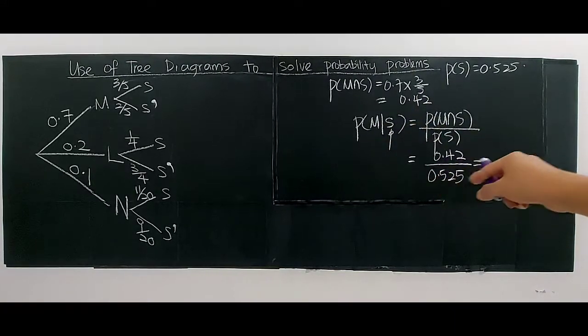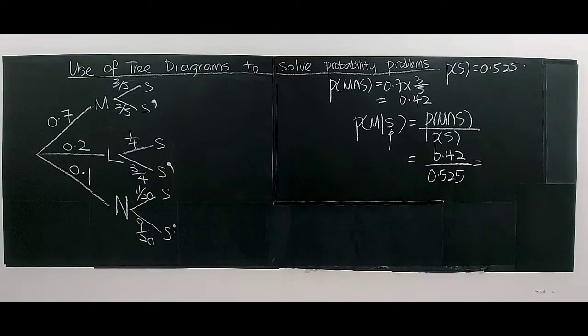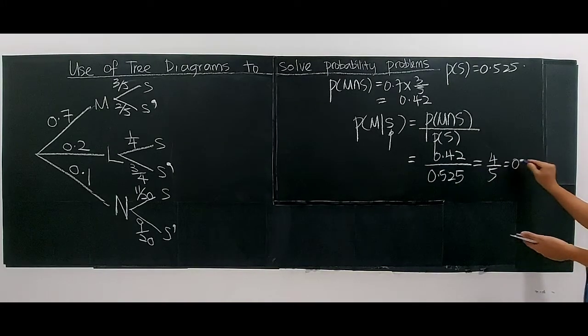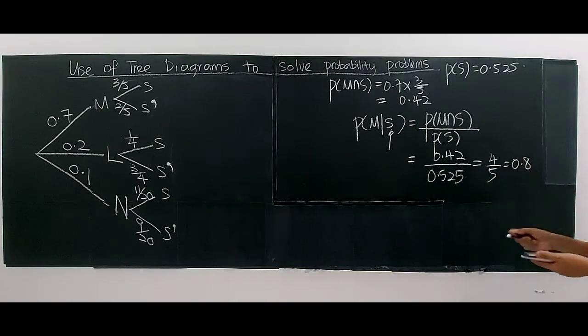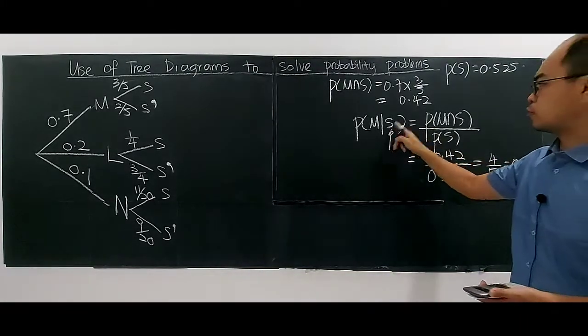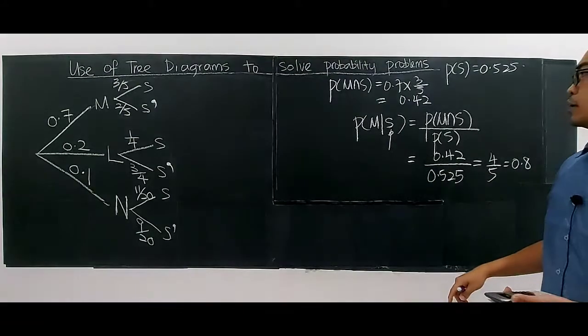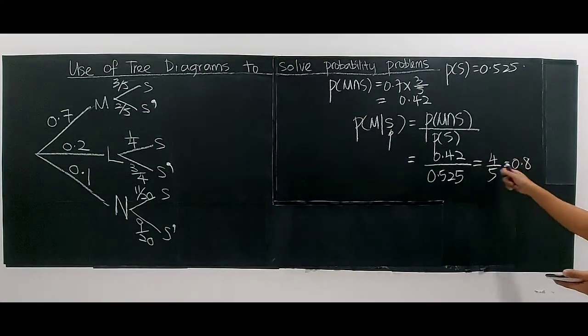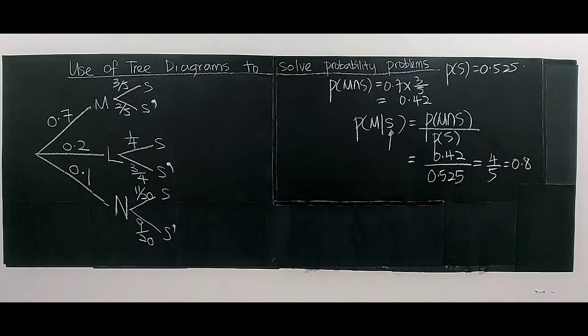You calculate and you will know the percentage, which gives 4/5. 4/5 means it's nearly 80%, right? This is how we explain: 80% of those who take sugar like to take it with milk.